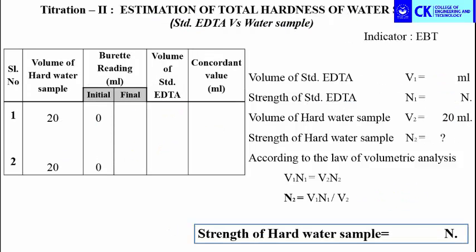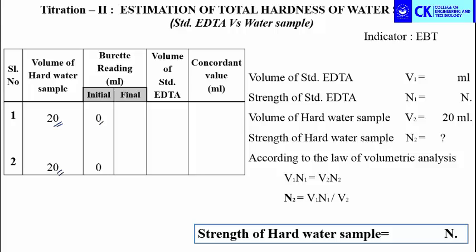Now we are going to see the titration 2 calculation, estimation of total hardness of water sample. Here we are taking the standard EDTA and we are going to titrate with the water sample. The water sample is pipetted into the conical flask. 20 ml of water sample is taken here and the burette was filled with the EDTA.